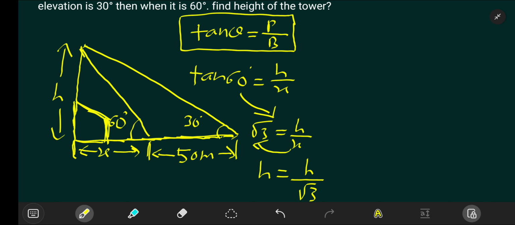When root 3 is multiplying and comes to the right hand side, it divides. I want the value of x now. So x is equal to h upon root 3.